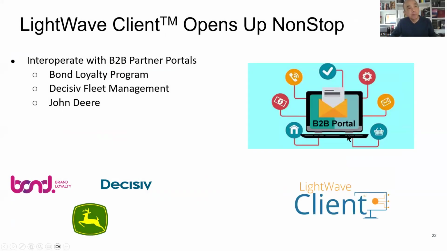For example, these are some of what our customers have used LightWave Client to work with. They work with a bond loyalty program, which is a coupon, basically a coupon code for discounts. This is fleet management. John Deere, we all know, is a heavy equipment dealer, and they're very heavy into RESTful API.